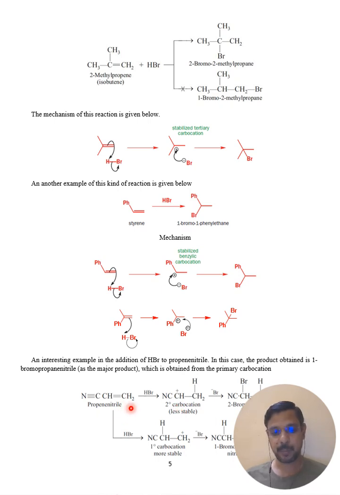So the primary carbocation formation, which is relatively apart from this electron withdrawing group, will be the relatively stable carbocation in this case. Compared to the secondary carbocation, the primary carbocation is relatively stable. So this bromine minus will attack the primary carbocation, so we will get the bromine attached to the carbon where we have more hydrogen atoms. That is the anti-Markovnikov product.